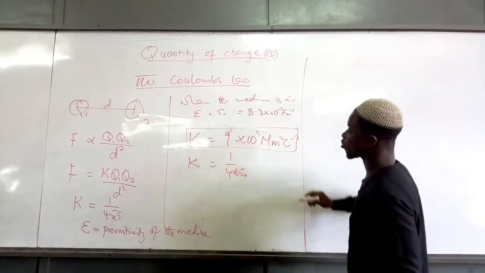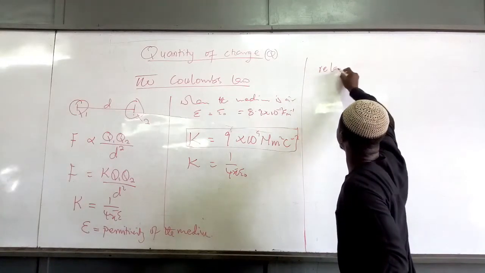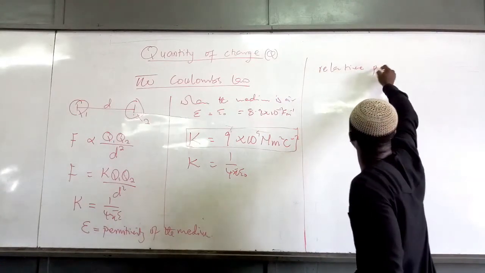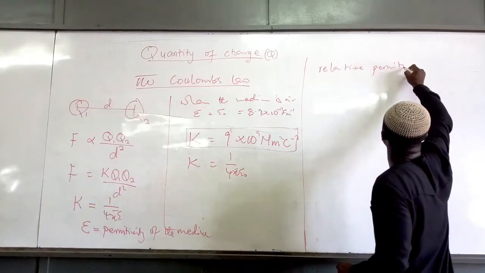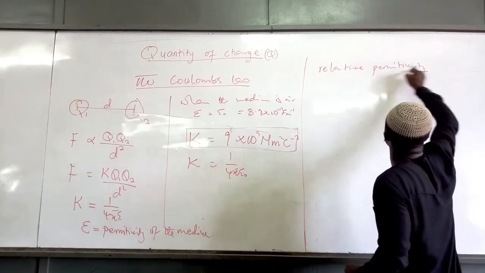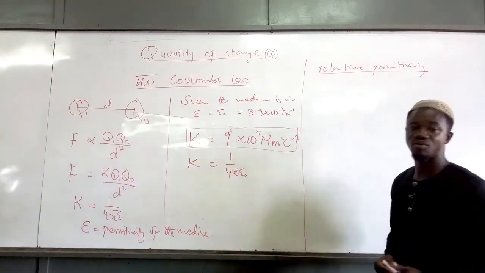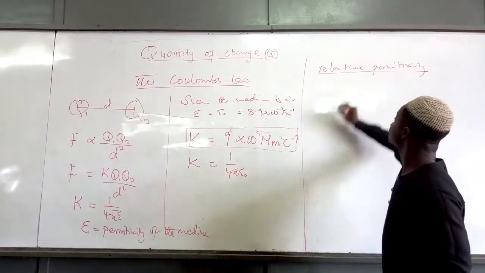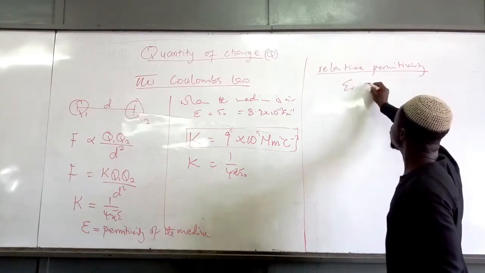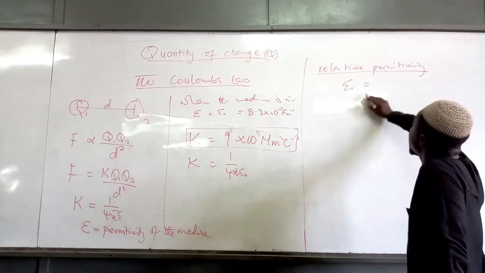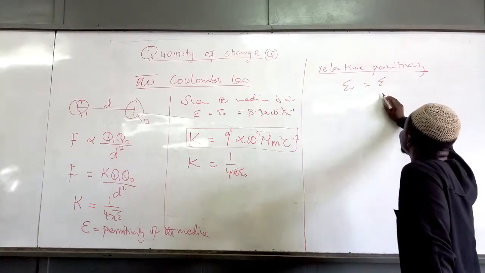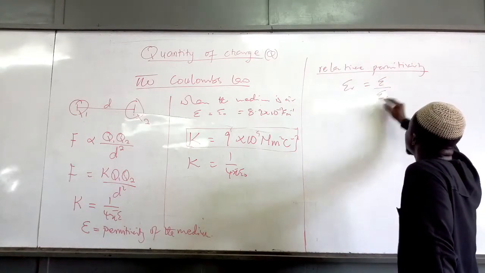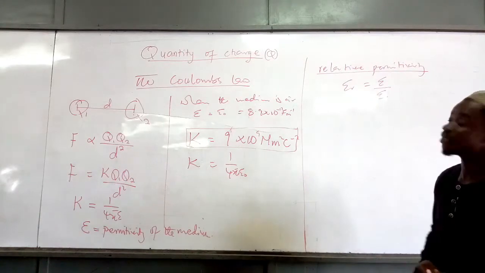Because of that, there's another property we call relative permittivity. When we say relative permittivity, the symbol is epsilon R. We define relative permittivity as the ratio of the permittivity of a medium to the permittivity of free space.